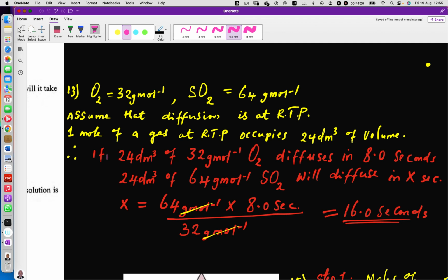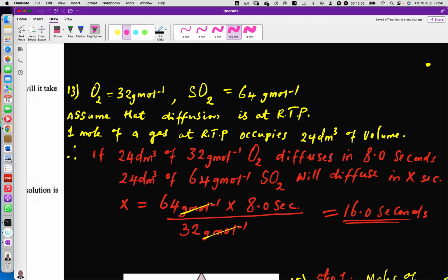So we now say if 24 dm cubed of oxygen, that is 1 mole at 32 grams per mole, diffuses in 8 seconds, then the same 1 mole of sulfur dioxide, which is 24 dm cubed and carries a mass of 64 grams per mole, will diffuse in how many seconds?